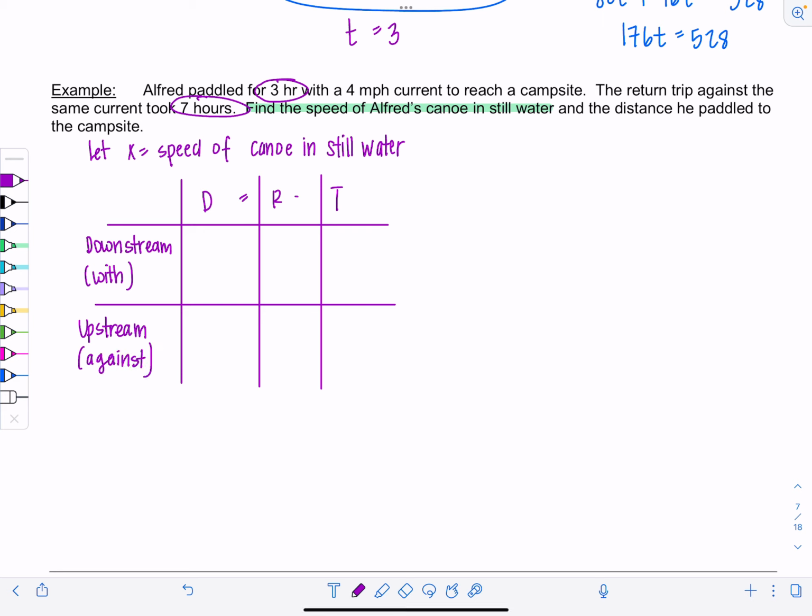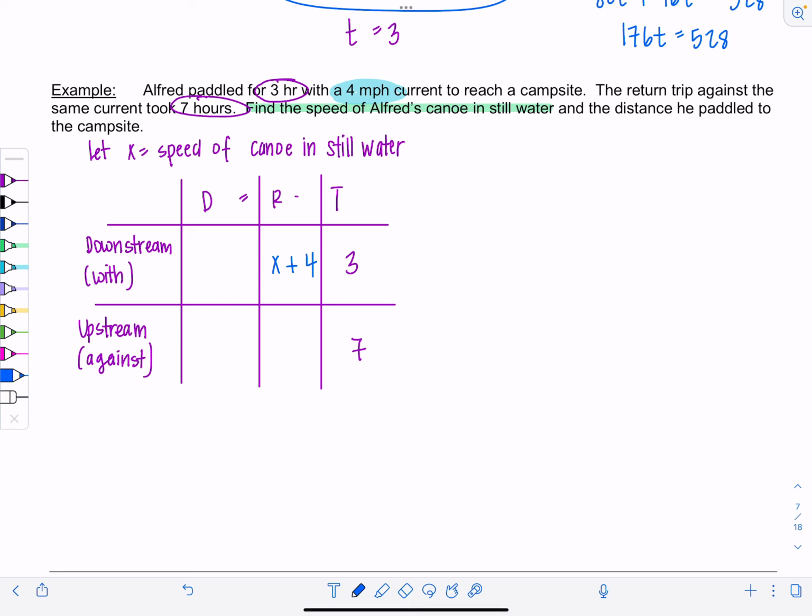Okay? So let's see, the time downstream was only 3 hours. The time coming back upstream was 7 hours. Poor Alfred. The rate. So when Alfred's going downstream, the current's helping him, right? And the current goes how quick? What's the speed of the current? 4 miles per hour. So the net speed with the current is going to be x plus 4.